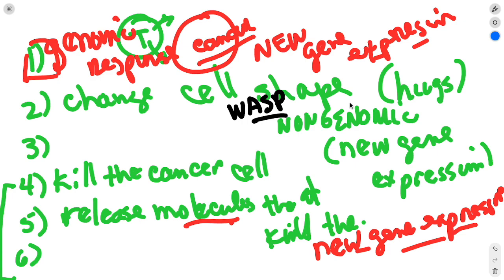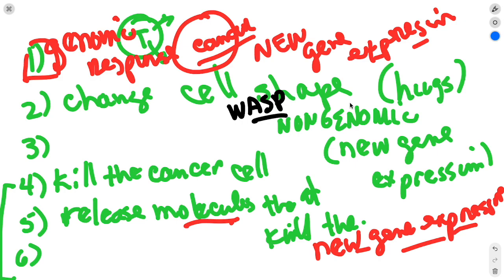Yes, Godwin. Are both the genomic and non-genomic responses new gene expression? No, the key thing is that a genomic response means the genome, and that means new gene expression, which means regulating transcription factors.